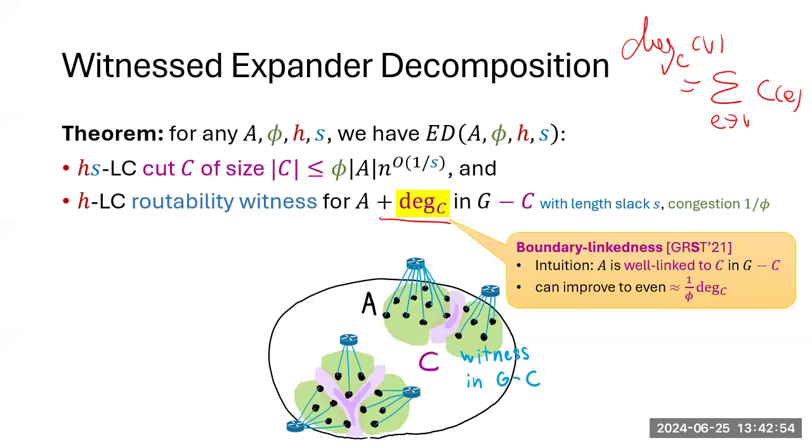This is what we mean by boundary-linked. The intuition is that A is also well linked to the cut close to it. And this can actually be improved to something like 1/5. It's good to have this. The picture you should think about is that the router can also connect to the cut that is close to it. The cut and the neighborhood cover overlap a bit, and the router connects to the cut too.